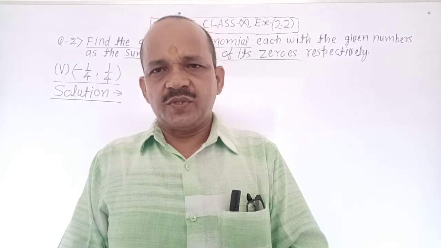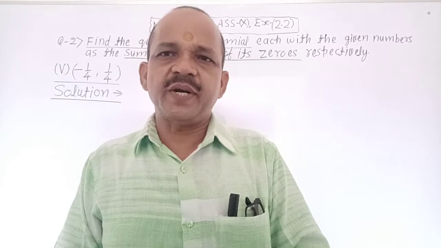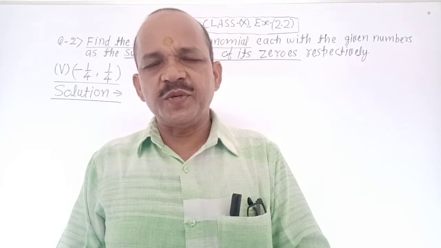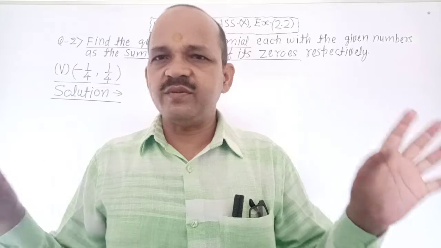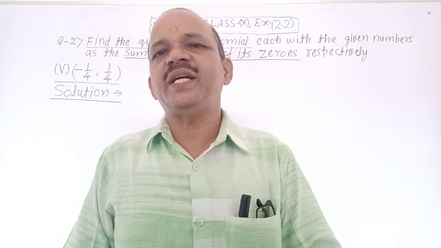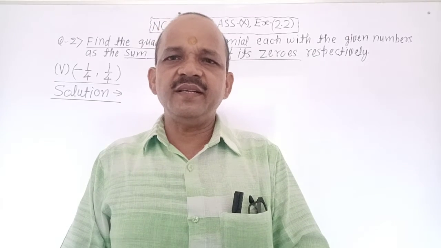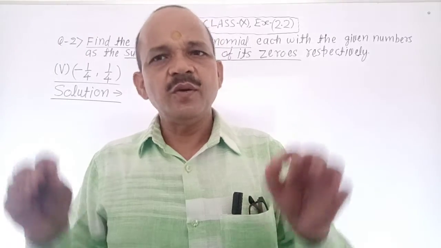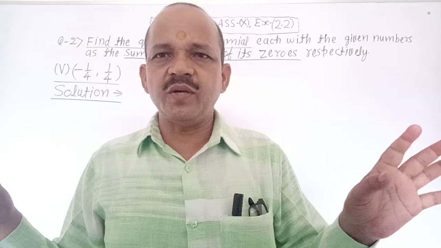Product of zeros equal to alpha multiply beta equal to c by a equal to constant term upon coefficient of x square. It is clear, no confusion about it. Very good. You can solve your question very easily, but concentrate your mind, listen to my words and see the board with full concentration. My words are clear, no confusion about it.